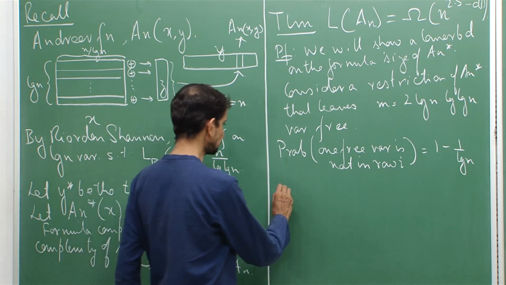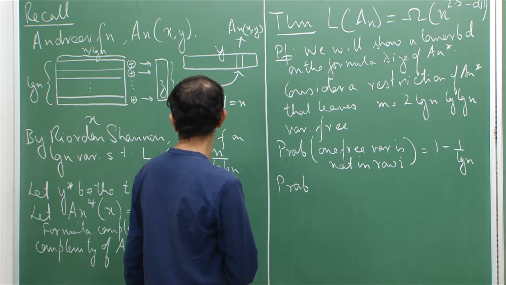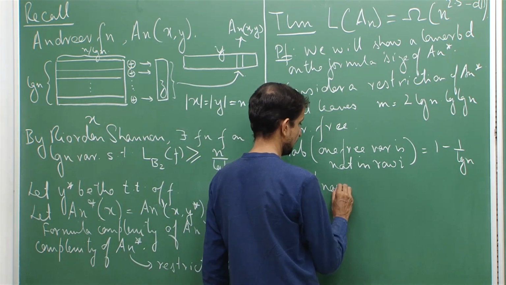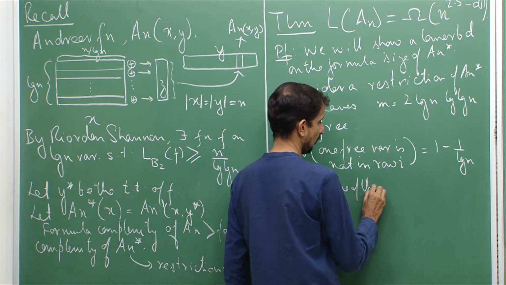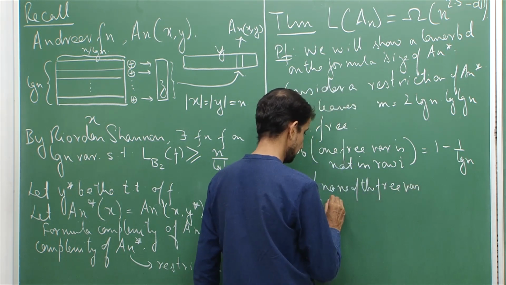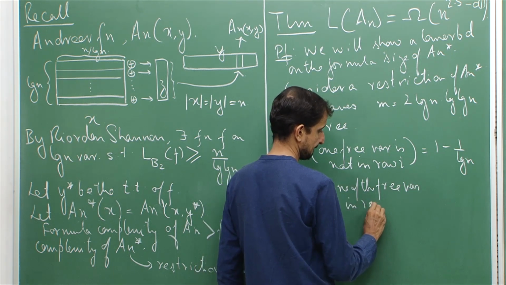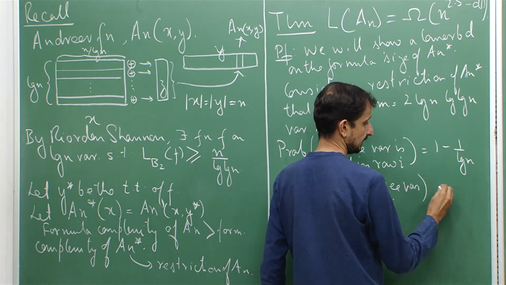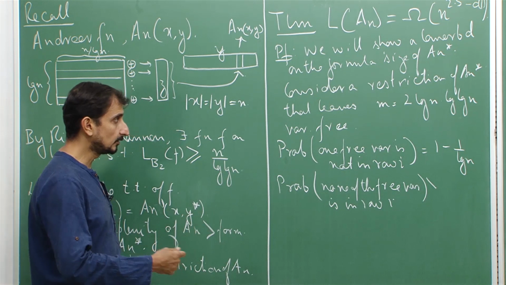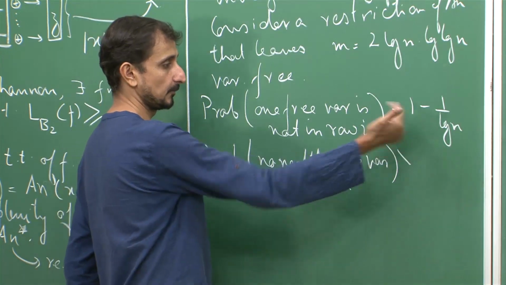Now, the probability that none of the free variables is in row i: I have a total of m free variables. For one free variable, the probability of it not being in row i is this.